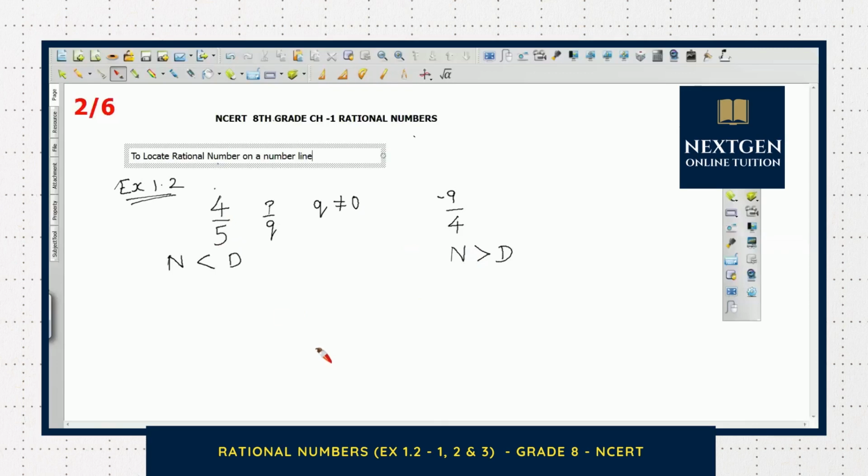Whether the numerator will be greater or the denominator will be greater. In such a case, if the numerator is less than the denominator, I can surely say this number lies between 0 and 1 only. How can I say very sure that 4 by 5 is between 0 and 1 only?